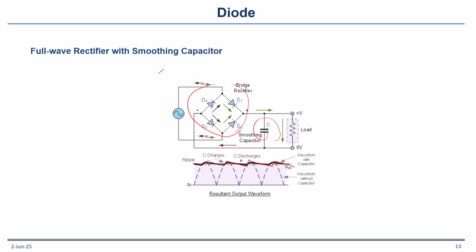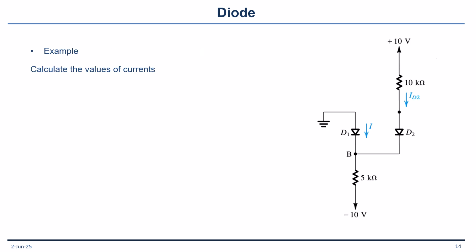So this is the best operation for making an AC input into a DC output. You can see it's a more or less constant value. Here we have one example for the diodes. When we have positive polarity here, the current goes through here to the negative polarity, and here the current goes through this one.